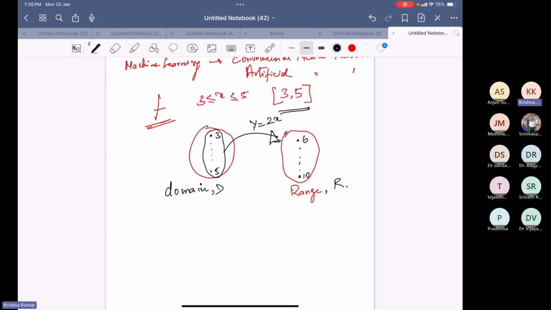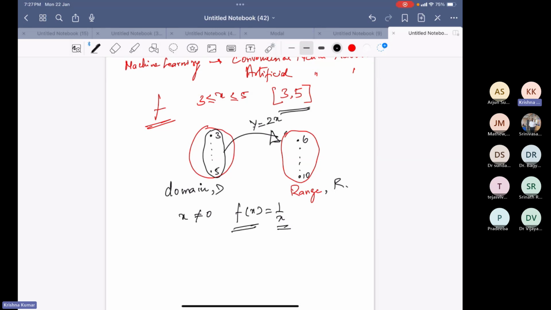Now, sometimes we don't mention the domain because it may be from minus infinity to plus infinity. But sometimes we say that the domain is such that x is not equal to 0. For example, I have a function of x, which is 1 by x. Then when x is equal to 0, this function becomes infinity.